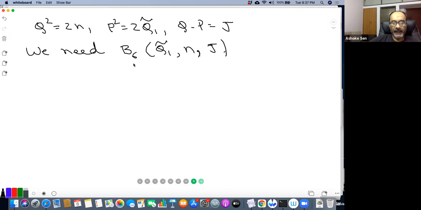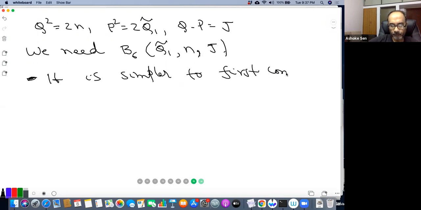Now, as in any statistical mechanics problem, instead of doing this counting of states for a given set of charges, it is simpler to first compute the partition function. Remember, this is the way we study an ideal boson or fermion gas.